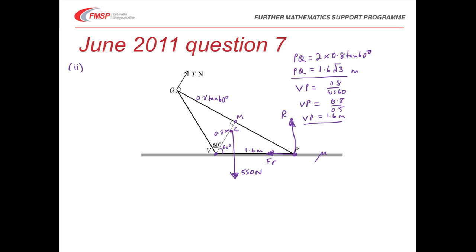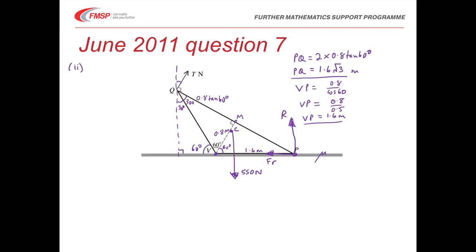And still a little bit more to go on. I'm going to drop a vertical line through the point Q because I want to convince you that this angle in here is 30 degrees. With 60 and 60, that angle is 60 degrees. Clearly that's 90 degrees, which makes the angle in here 30. Then if you take the triangle VMQ, there's 60 and 90, so that angle is 30.